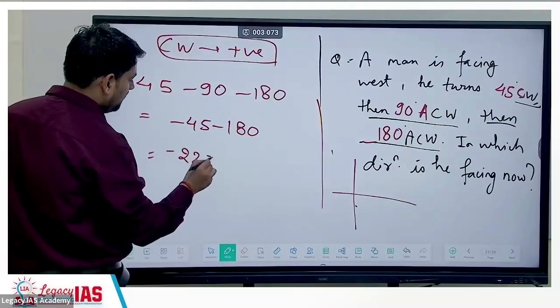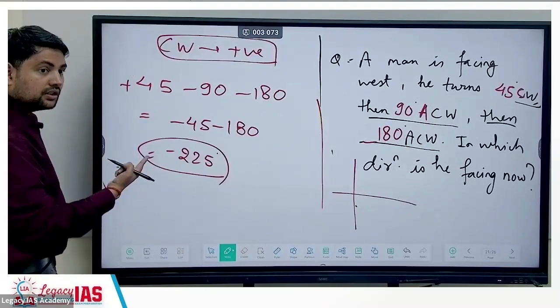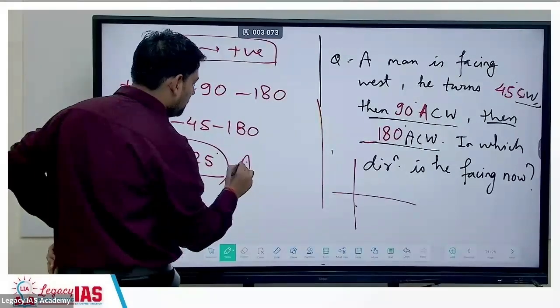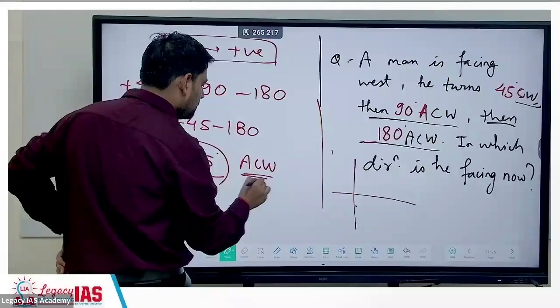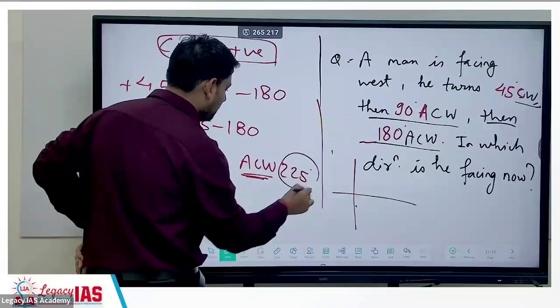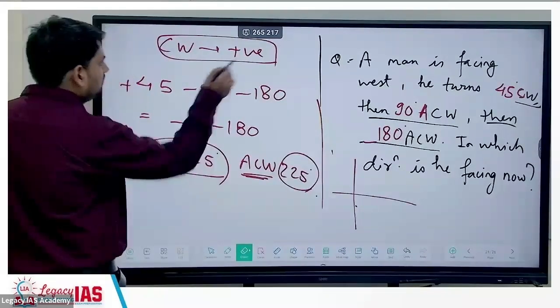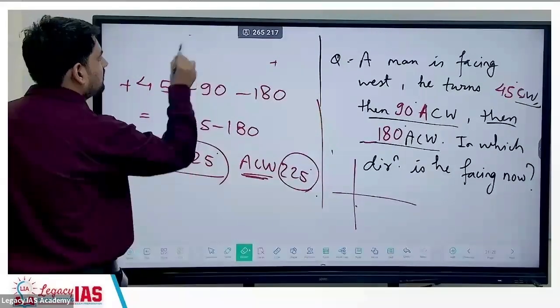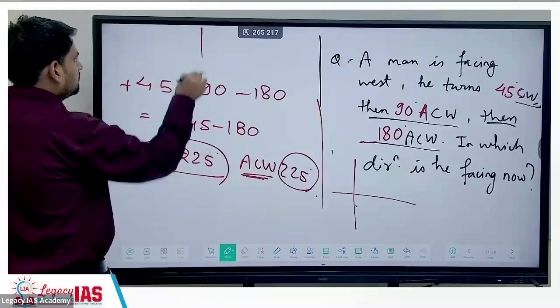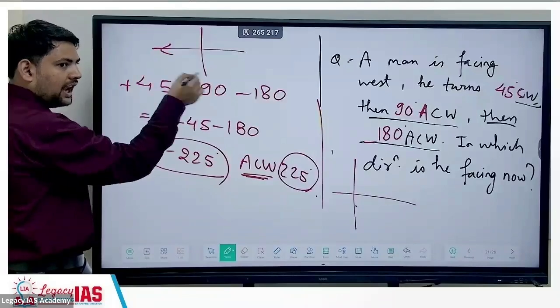Minus 225 degree. This minus means anti-clockwise. So from the initial direction, you turn it anti-clockwise 225 degree. Correct? From west, we'll turn it 225 degree anti-clockwise. So it will look something like this. This is west, 225 degree anti-clockwise.